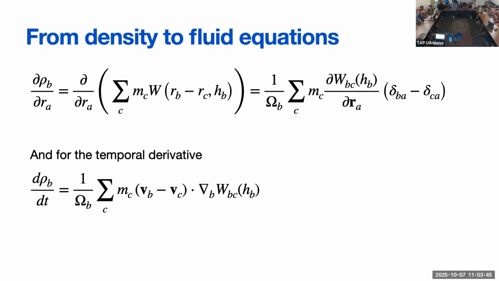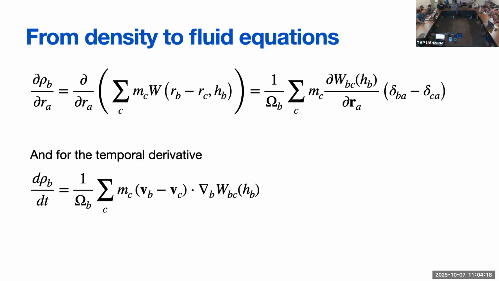So everything relates to derivatives of the smoothing kernel. On the first line, you see the derivative of the density with respect to the position, which just translates into a derivative of the smoothing kernel. And here these deltas are just taking into account when particle A and particle B are the same one.